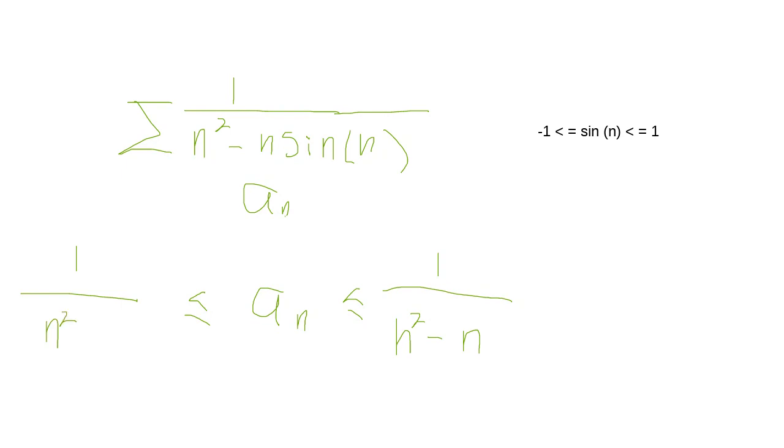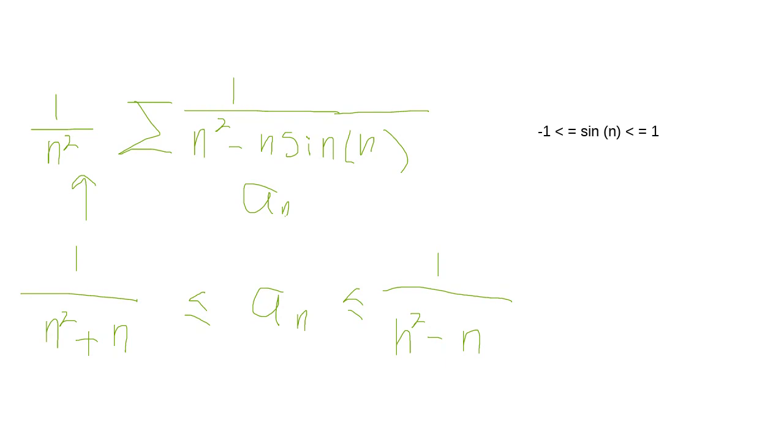The denominator is bigger, the fraction is smaller, right? So the lower bound we can compare with 1 over n squared. Because the denominator is bigger, the fraction is smaller.